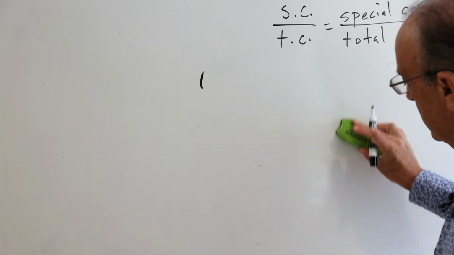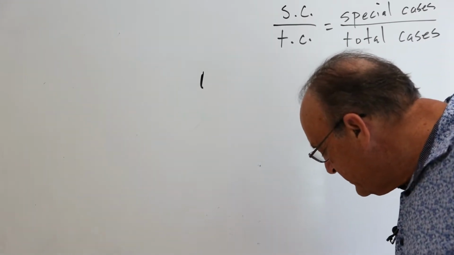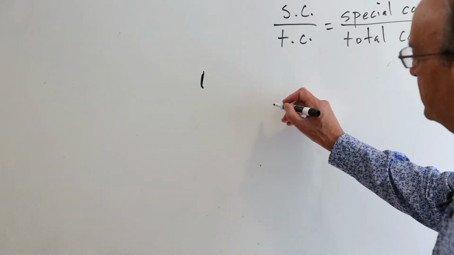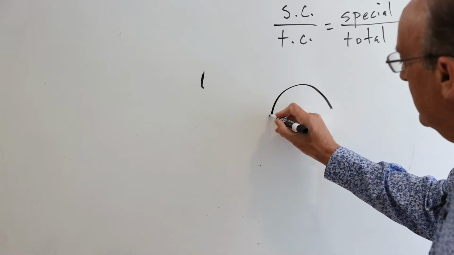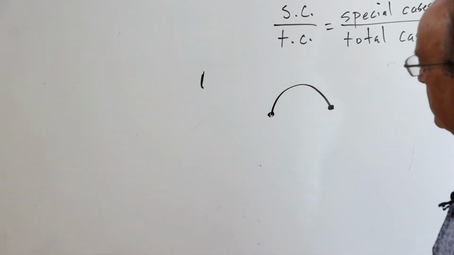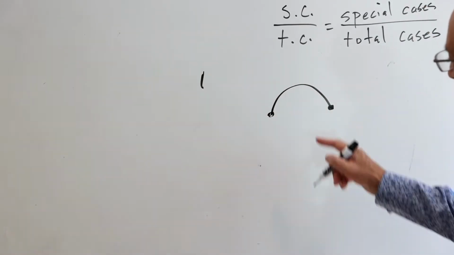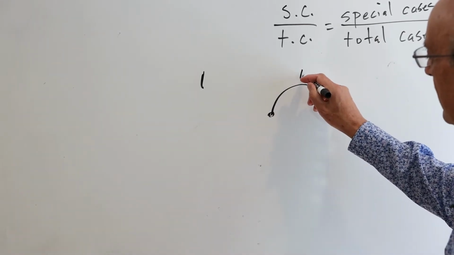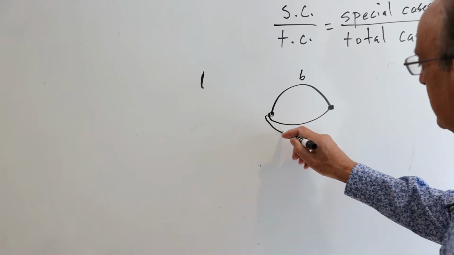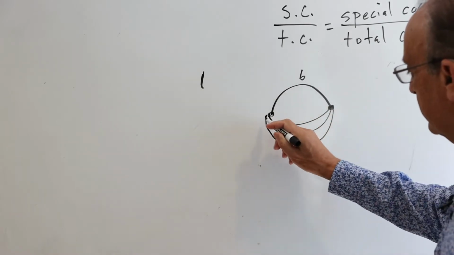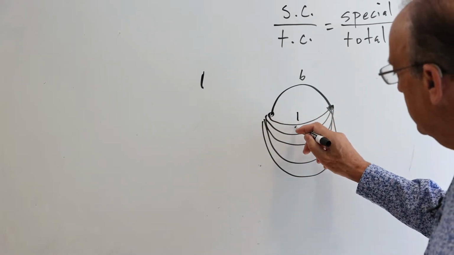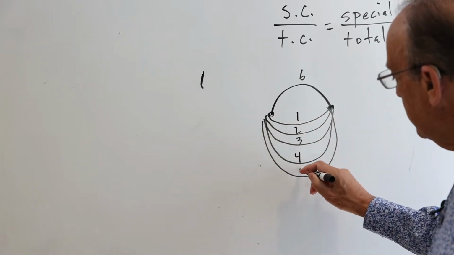Well, how many ways can you get a 6 when you roll 2 dice? It's easier to find out how many ways you can't get a 6. So I like to use this kind of a diagram. So this is your chance of rolling a 6. And down here, these are the other rolls. So that's 1, 2, 3, 4, and 5.